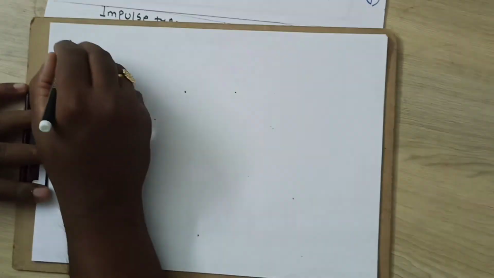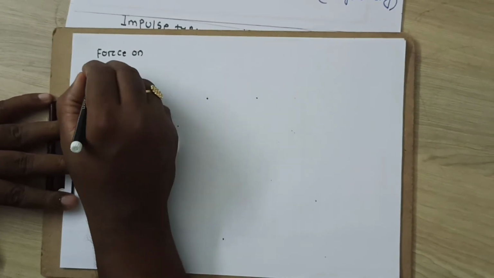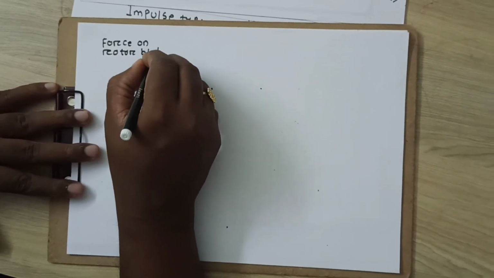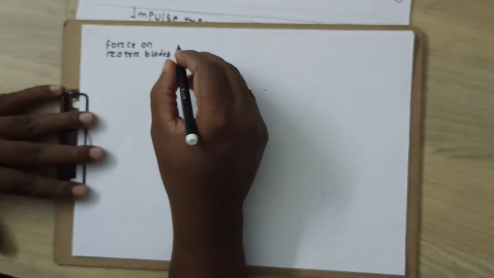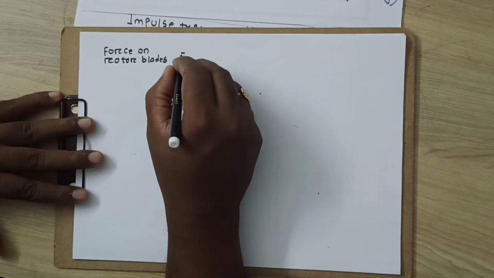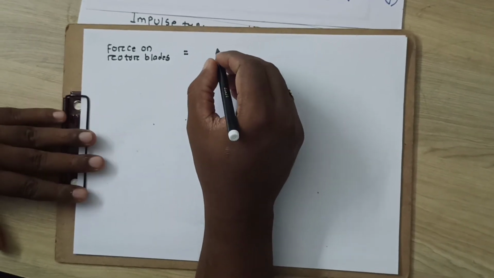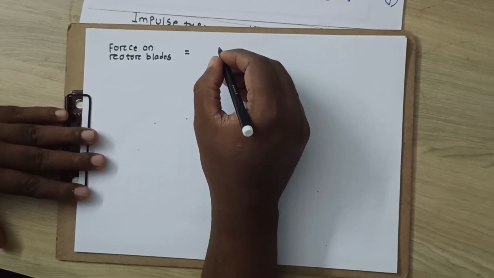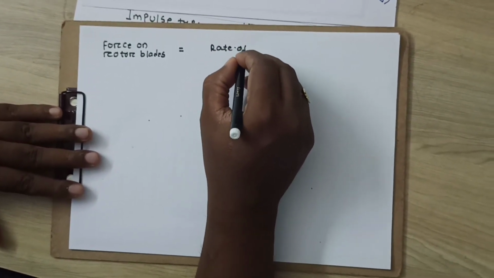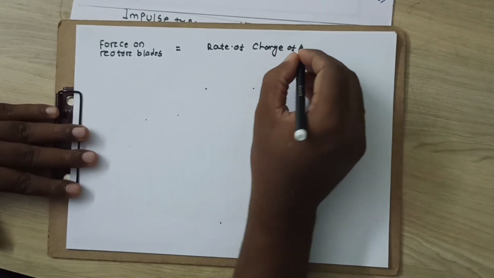Okay, so force on rotor blades, I can write it as rate of change of momentum.